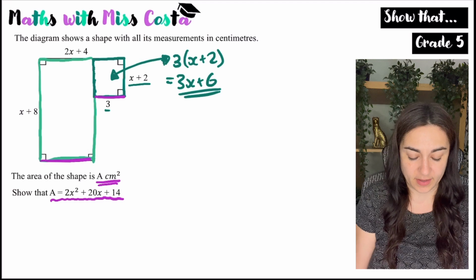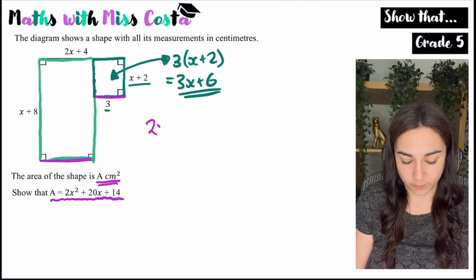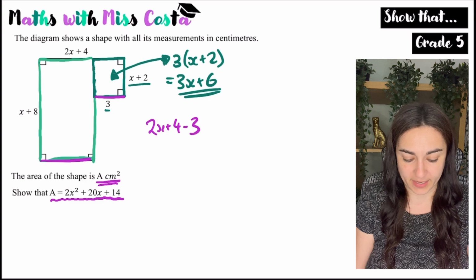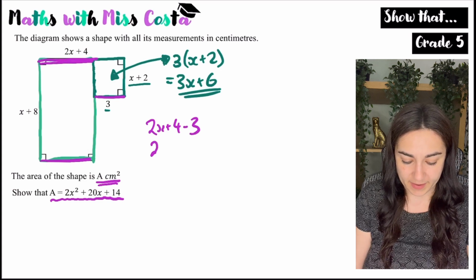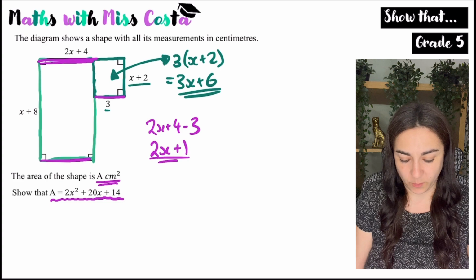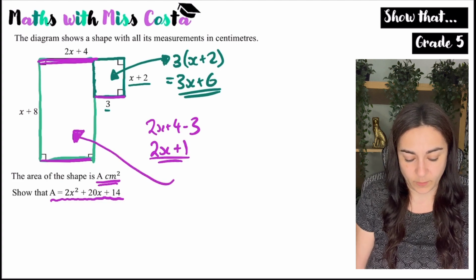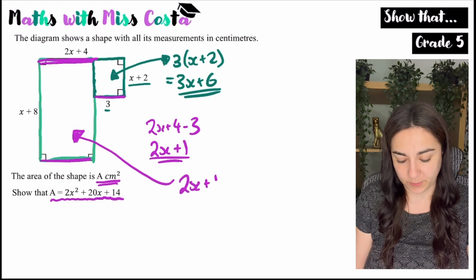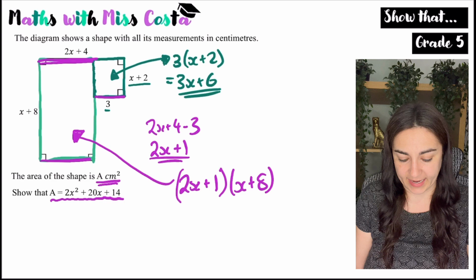So 3 plus something must equal 2x plus 4. Therefore, 2x plus 4 minus 3 must be this missing length here. So that means that that length is 2x plus 1. So to work out this area here, we have a length of 2x plus 1 and x plus 8 over here.